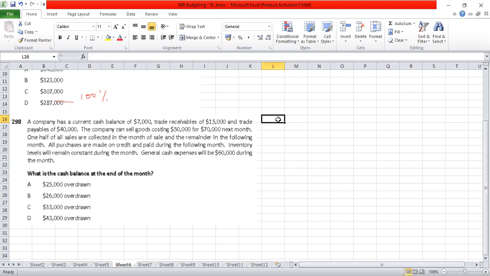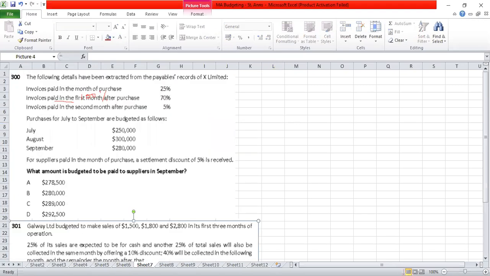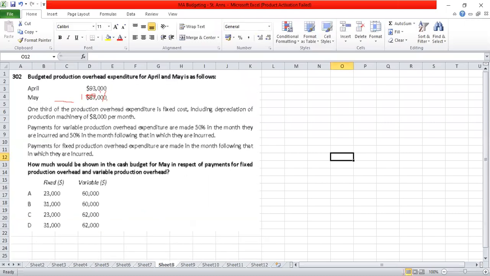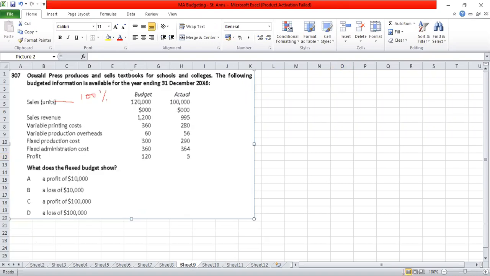General cash expenses will be 60,000 during the month. This is again cash collection. All the rest of the questions are related to the cash budget. I've put all these questions here, so you can work out those questions.